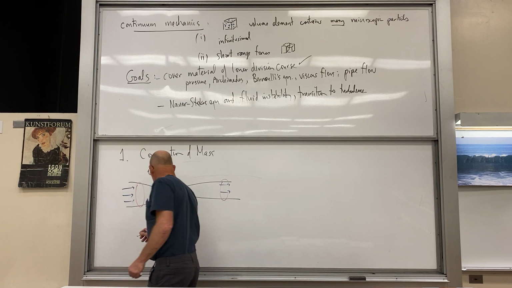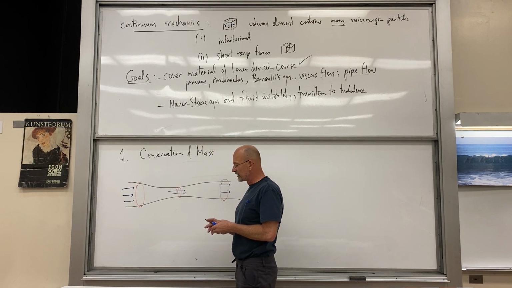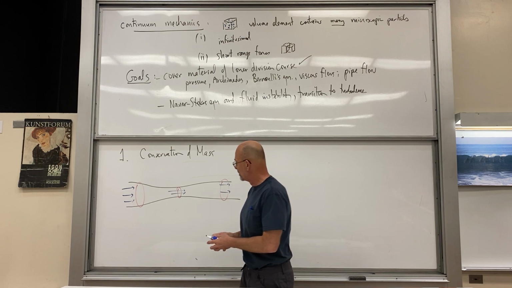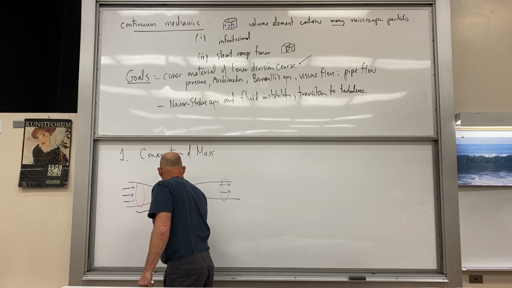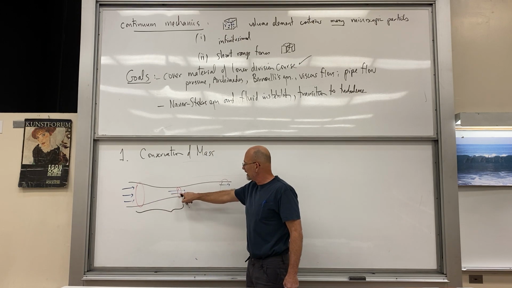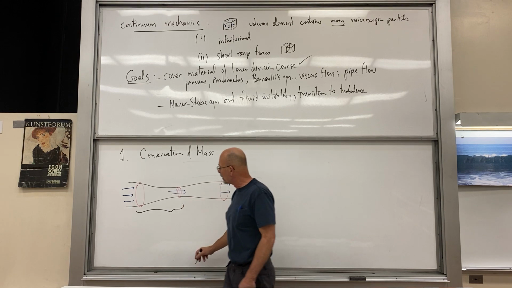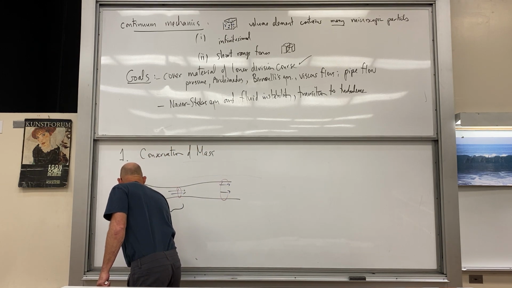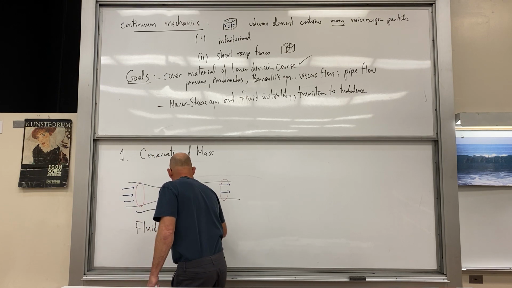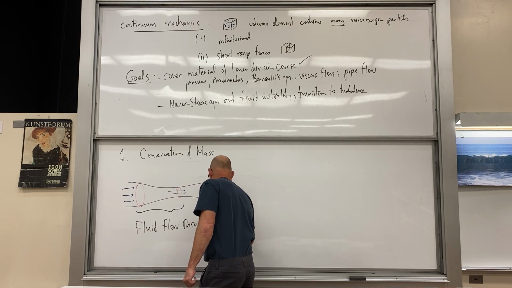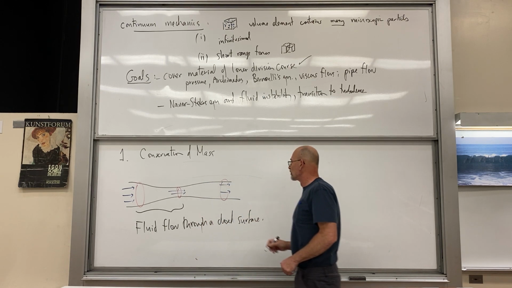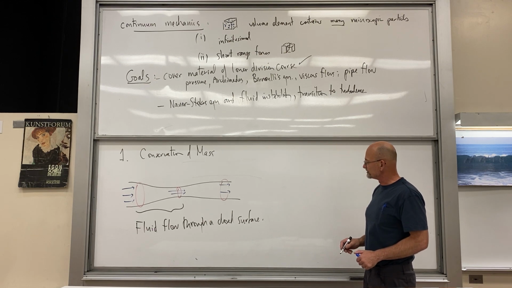And we'll talk about the fluid flow through a closed surface. So if we were talking about that, we could, for example, imagine we have this pipe and the closed surface has the intake on this side and the outflow right there. So that would be a fluid flow through a closed surface. And we'll write down the condition there.